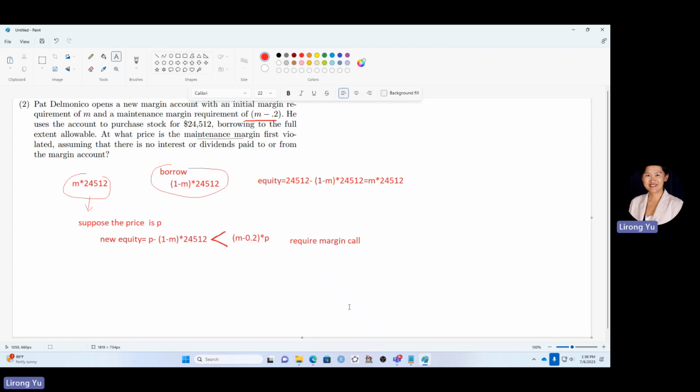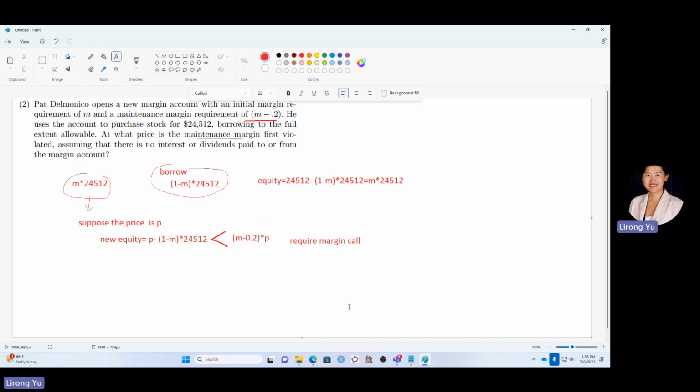And when the price went below, or right at that price, remember in the book there are three reactions. Number one, you add more money, so it brings the percentage back up, to make sure it's higher than the maintenance margin requirement.